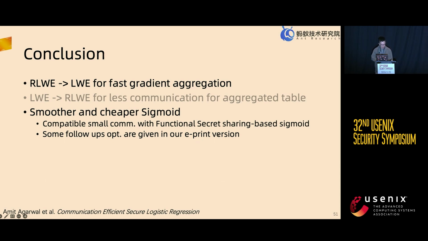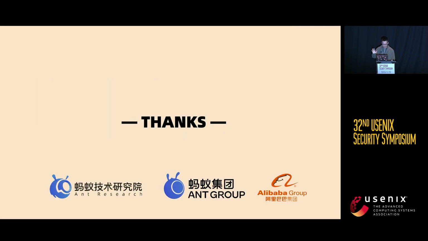Very surprisingly, we even compare with the function secret sharing based sigmoid. Our communication is just slightly larger than theirs, but much faster. And we come up with some follow-up operation optimizations, so just check our ePrint version.